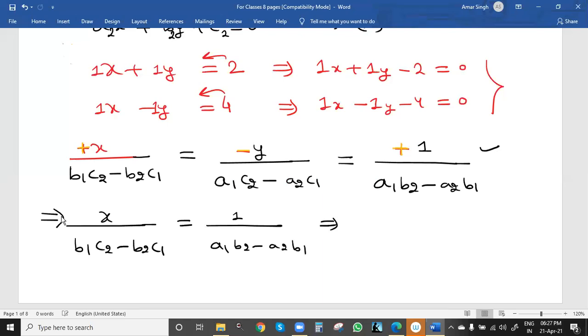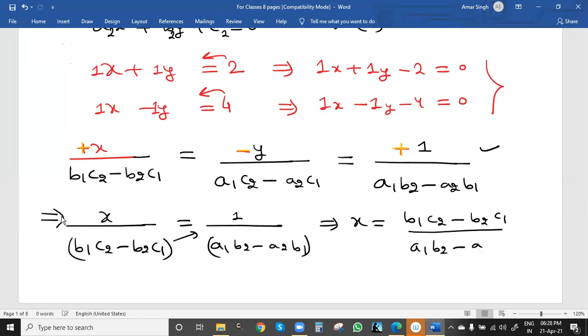So we can send this value here. So x will be equal to b1 c2 minus b2 c1 by a1 b2 minus a2 b1.